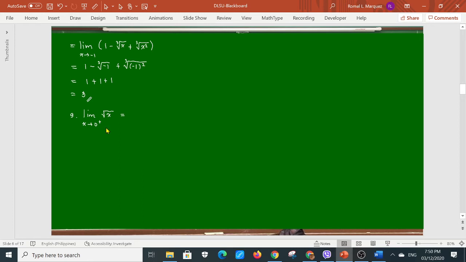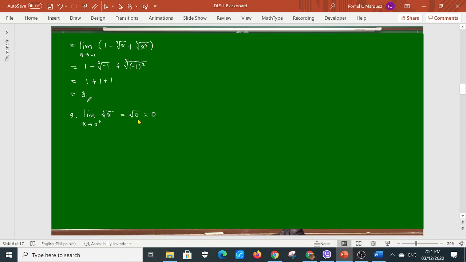If x comes from the right, what we are substituting to x is actually positive numbers very, very close to 0. We are not substituting 0, ha? So this is going to be 0 but through positive values. So the limit is going to be 0. Okay, guys? So it is equal to square root of 0, and that is equal to 0, because it goes to 0 through positive values.